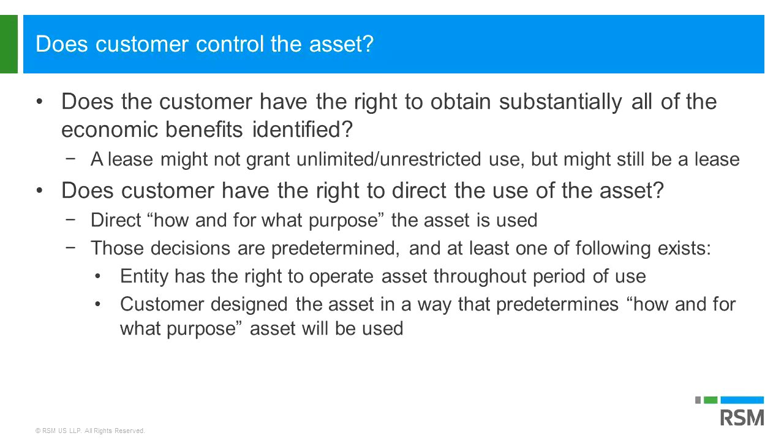If they have the ability to operate the specific asset on their own without interference, that can still be considered to have control. Customer designed the asset in a way that predetermines how and for what purposes. Again, having that included does not preclude, and most of the time will result in the customer having control.